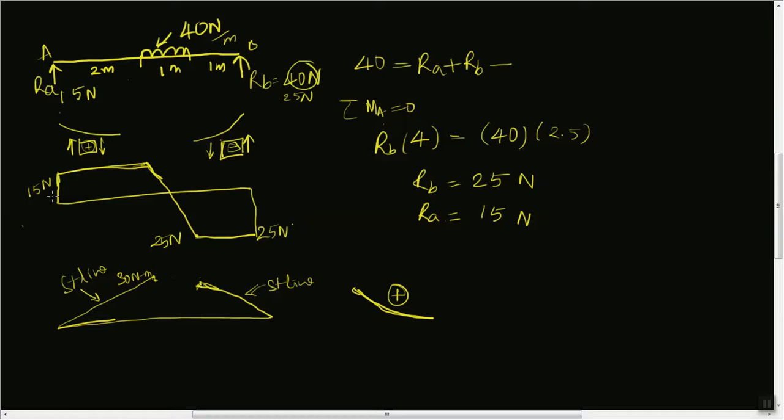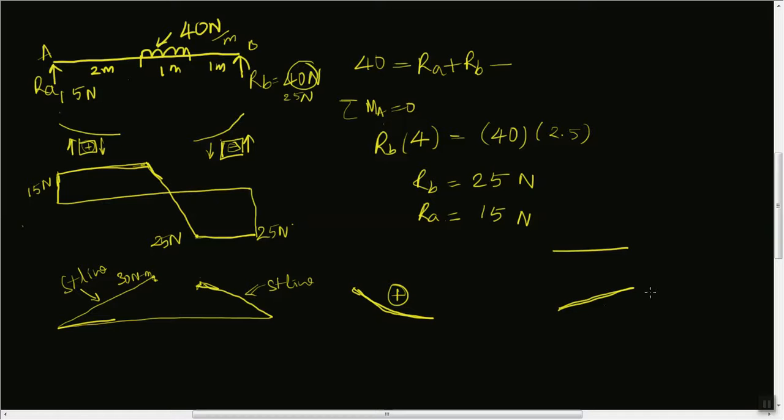If there is a constant line in the shear force diagram, we get an inclined line in the bending moment diagram. It is always one degree higher. If the shear force diagram has a constant line like this, our bending moment diagram will have an inclined line.